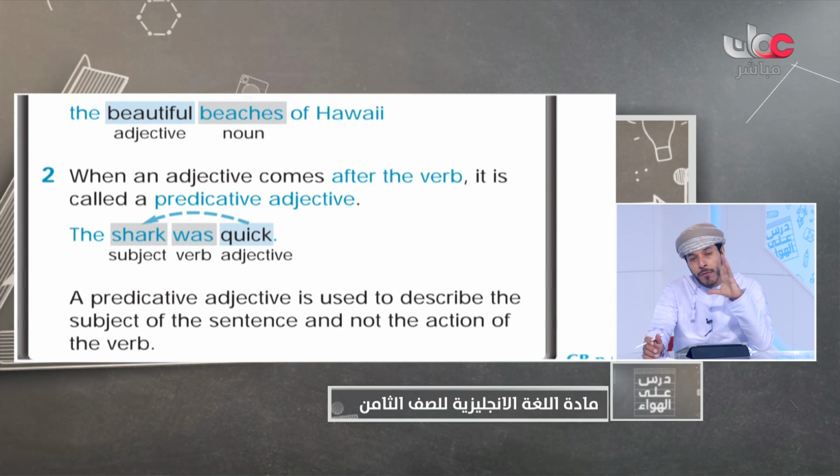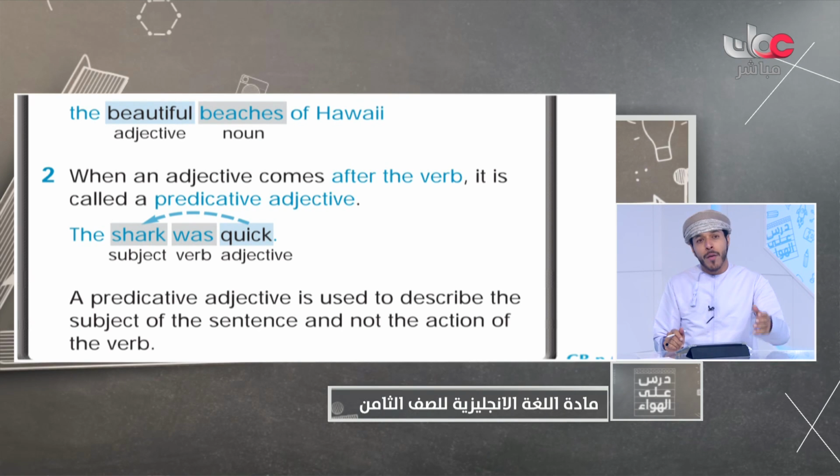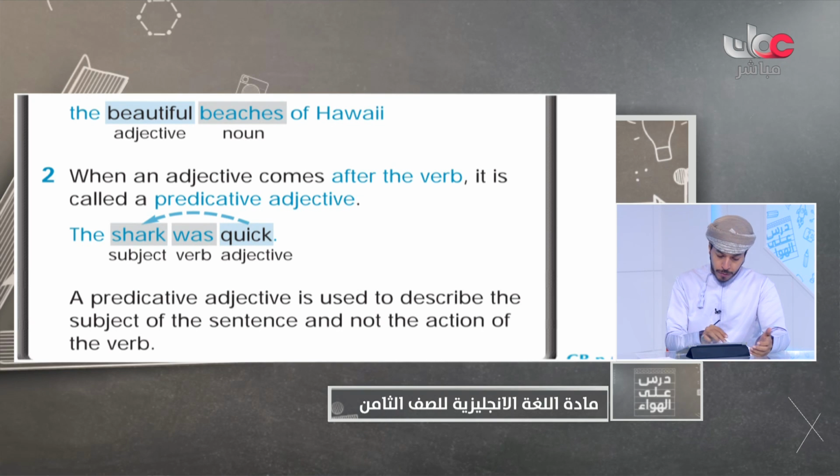Good? But the adjectives that come after the verb, for example, the shark was quick. This is called what? This is called predictive adjective. Good? The boy was sad. I write it here.